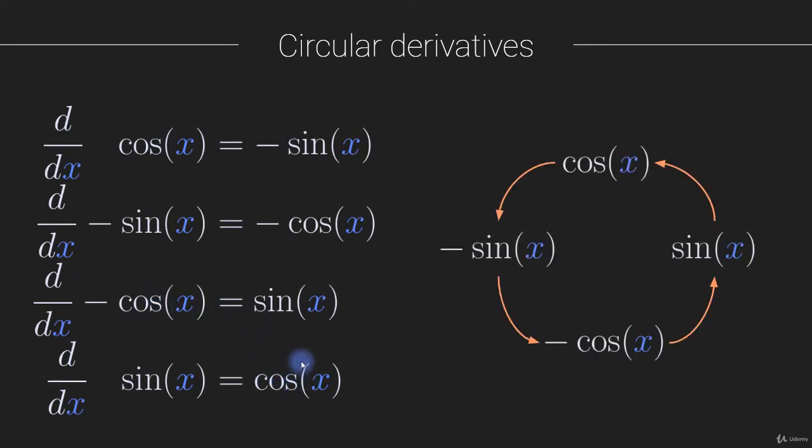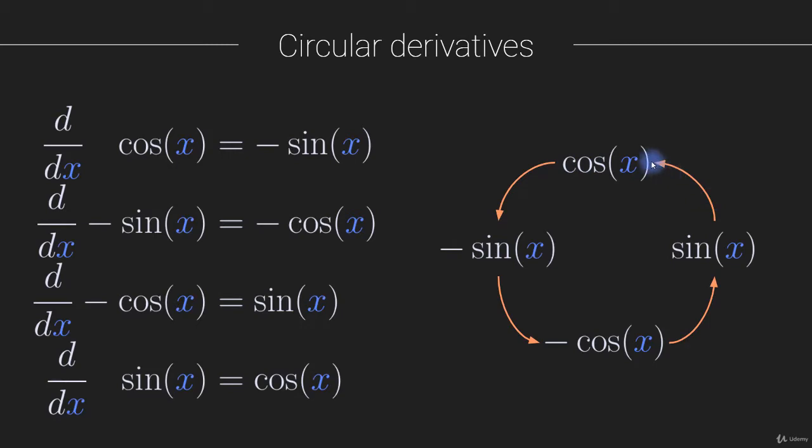That's pretty neat. I have always remembered this cycle of trig derivatives using this little image here. So we have cosines up and down, and sine left and right, and then the negative signs are here. If you think of drawing a diagonal line, then below and to the left of the diagonal are negative, and above the diagonal is positive. And then you just have to remember that the derivatives flow this way.